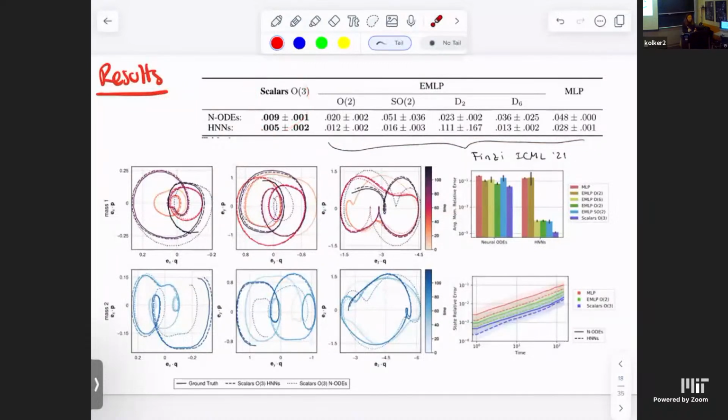And we show that, okay, the neural ODE performs a little worse than the Hamiltonian neural network because the Hamiltonian neural network also imposes more symmetries, which is the Hamiltonian symmetry. And these are different subgroups of O3 that you can implement. And the less symmetries you impose, the worse it performs, which is expected. Okay.